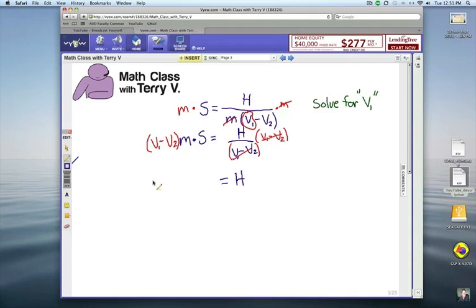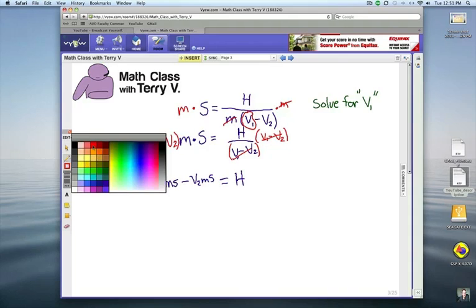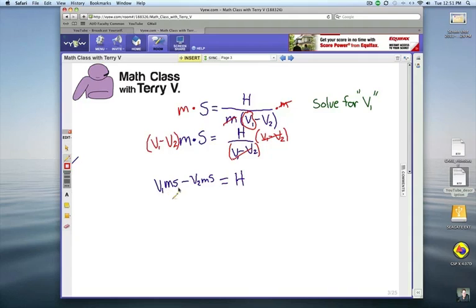So it's going to be V1 MS minus V2 MS. Now again, the goal is isolating V1. Let's go ahead and add this V2 term here. Remember that these are all just representing numbers.